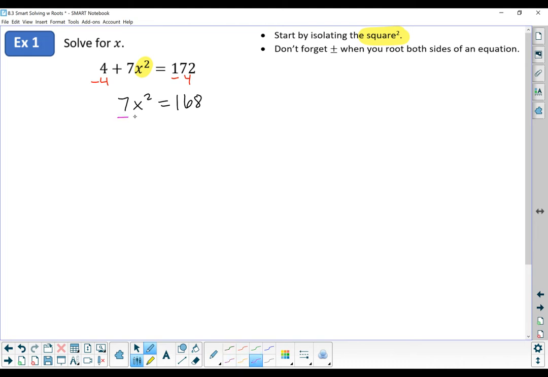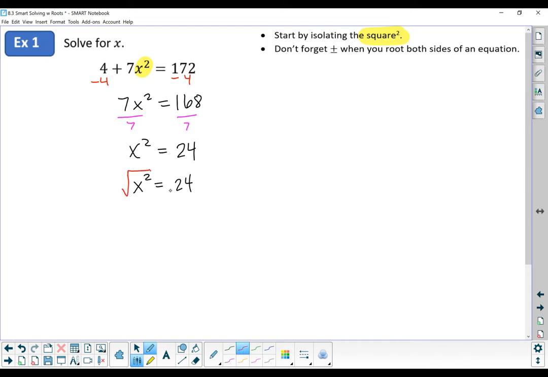So still trying to get that x squared by itself, I'm going to now divide both sides of my equation by 7. So on the left, we just have our x squared. And on the right, we need to divide that 168 by 7, which gives us 24. So at this point, to isolate the x, we're ready to use the square root on both sides of our equation.